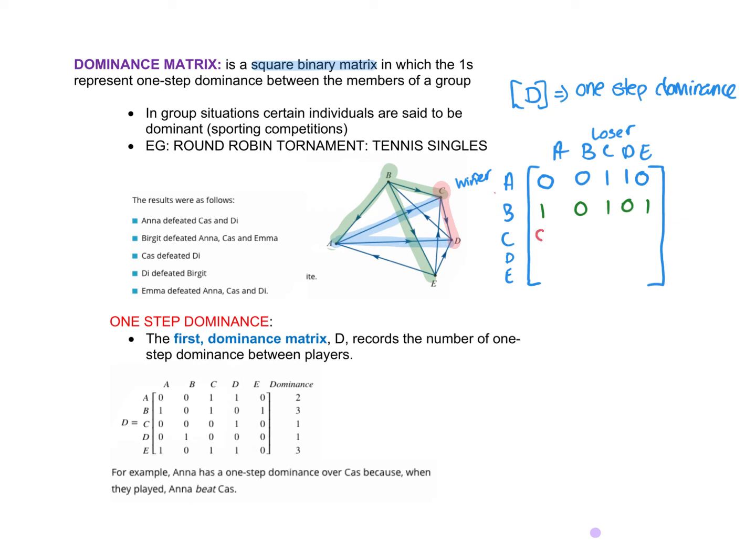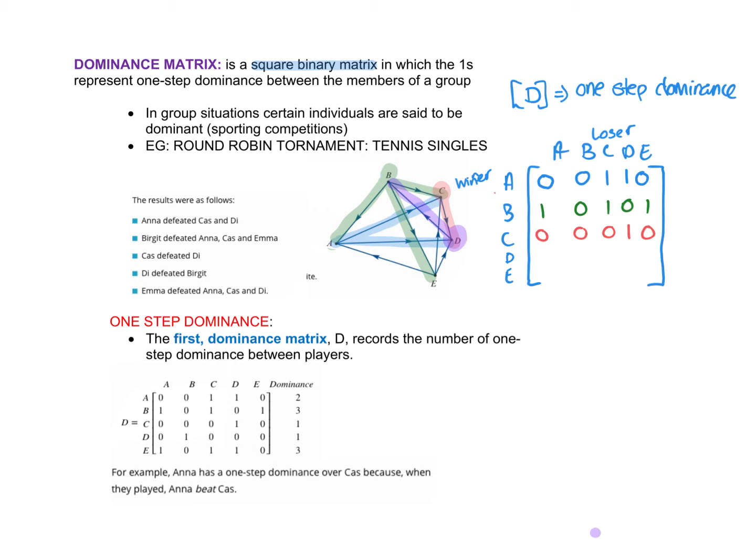So 0, 0, 0, D, 0. And then if we look at D, it looks like it defeated just B.